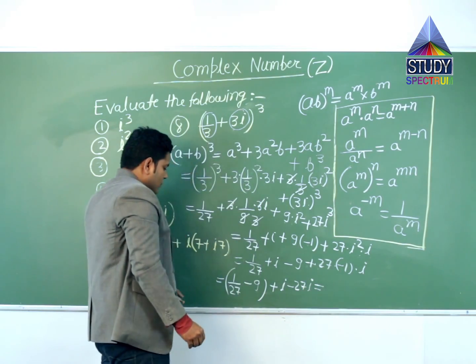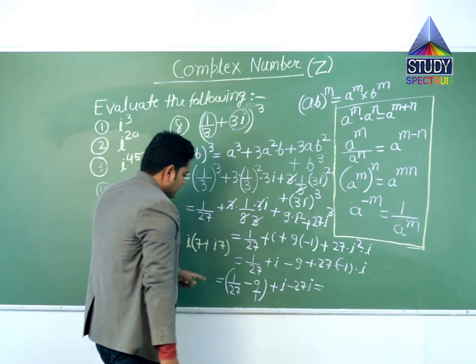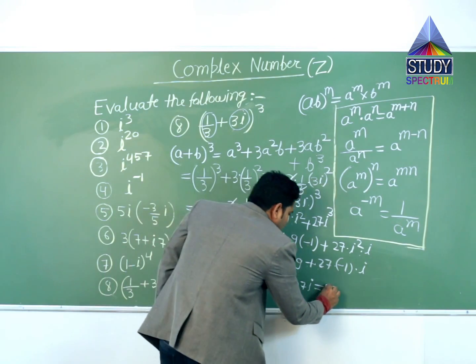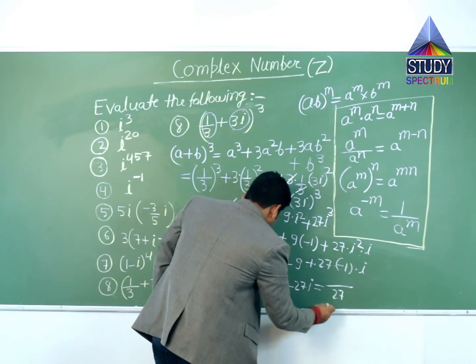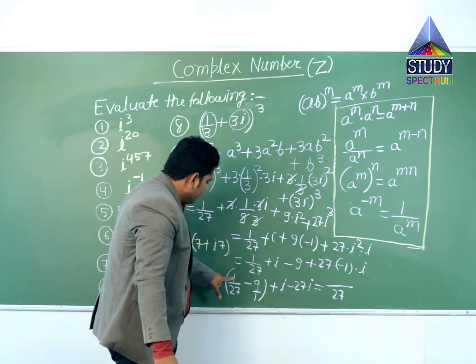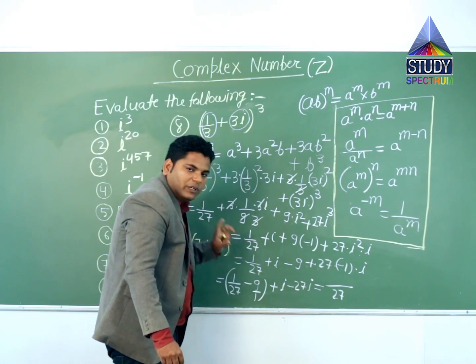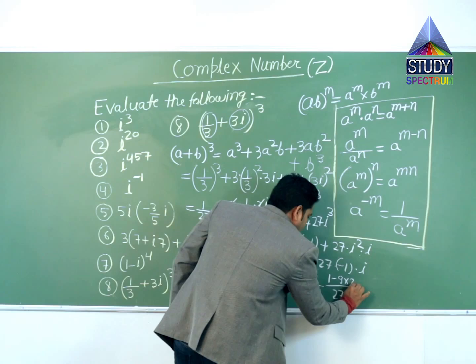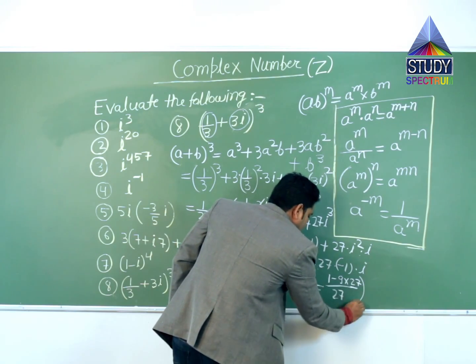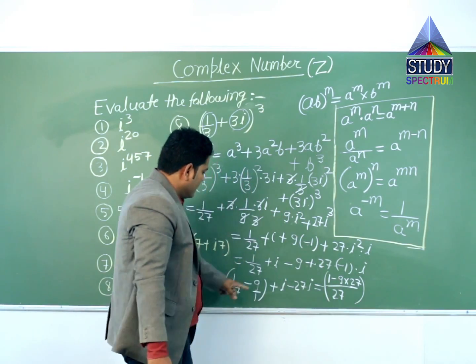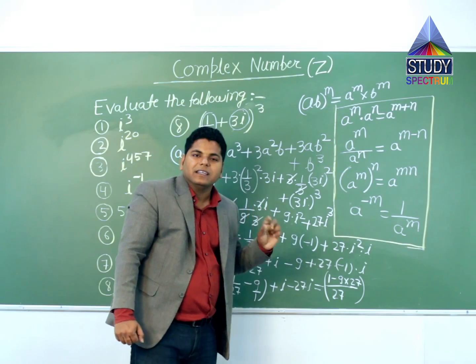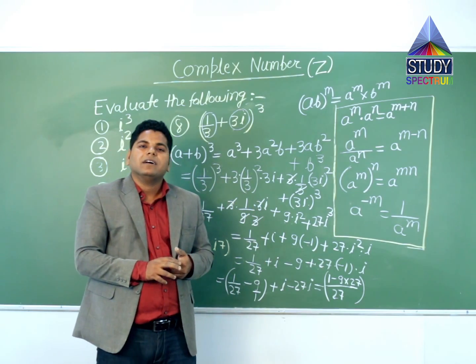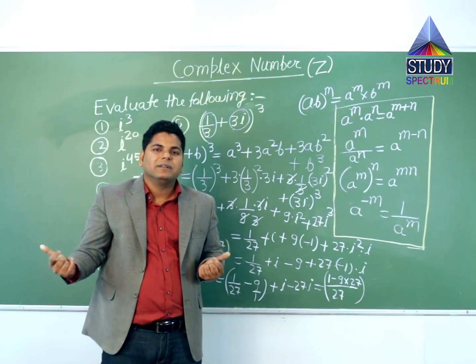Okay, so now we have to solve this. So we'll take 27 LCM. So this will become (1 minus 9 into 27) upon 27, plus i minus 27i. So we'll add or subtract the terms containing i together.